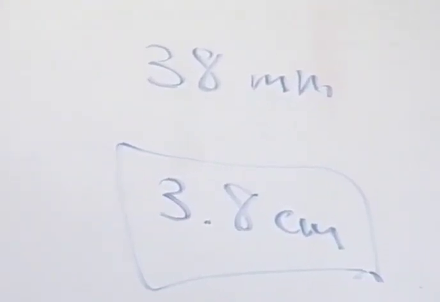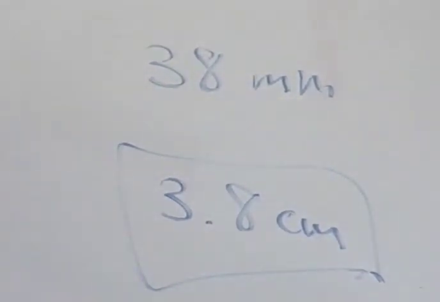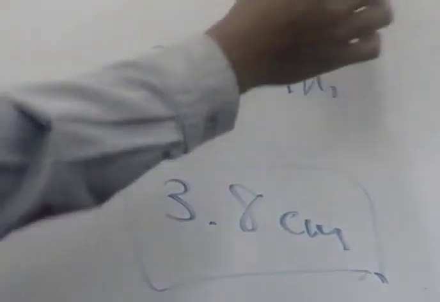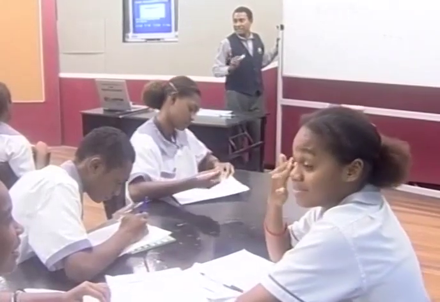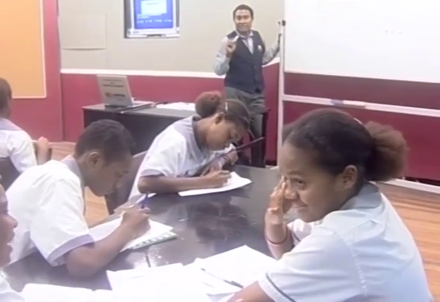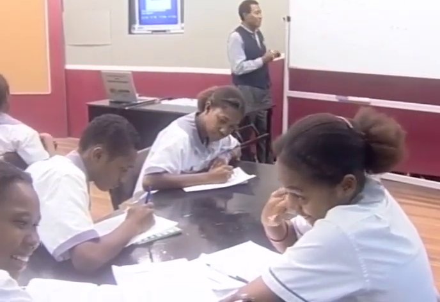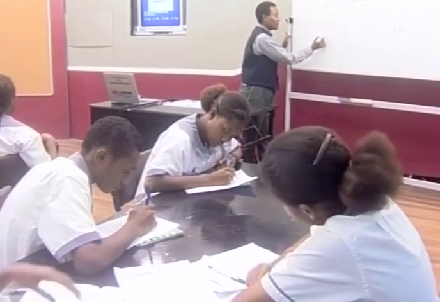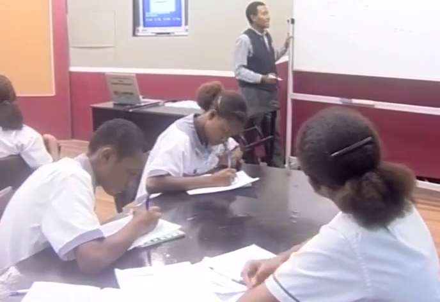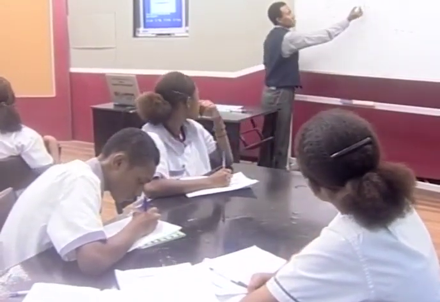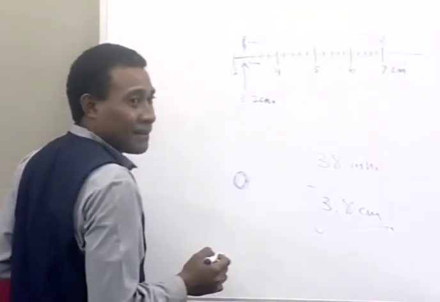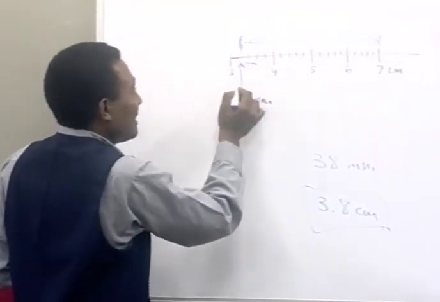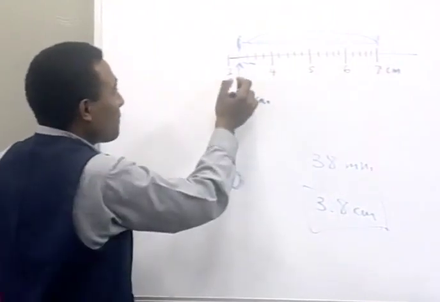You got it? So very important, when you are trying to take a measurement, you must understand the scale. And to start taking a reading, the starting point must always be from 0. You cannot say it's about 7 centimeter, because our starting point here is not 0. You are starting from somewhere around here.